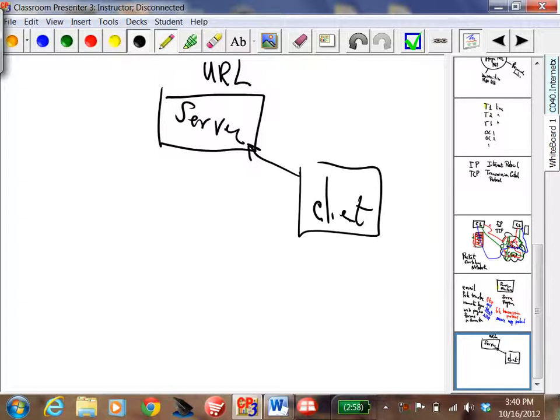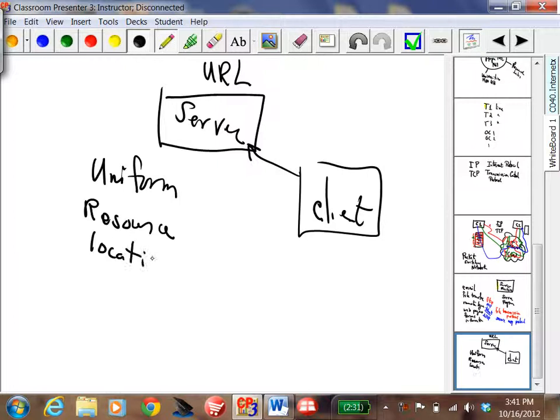And a URL, okay, is a universal resource. Sorry, they don't call it universal anymore. They call it uniform nowadays. Uniform Resource Locator.